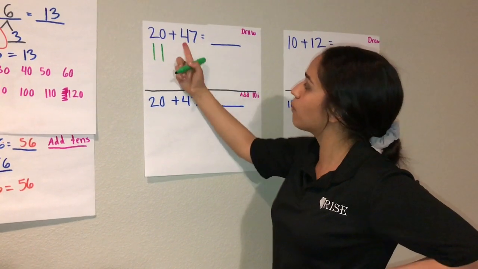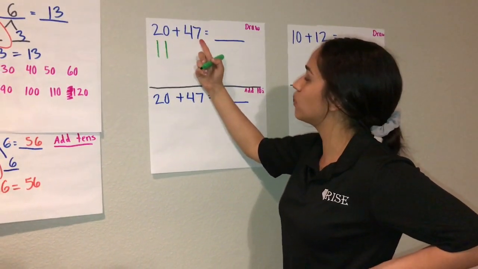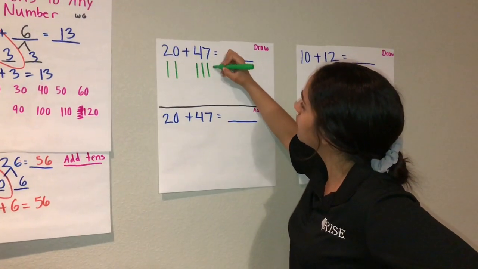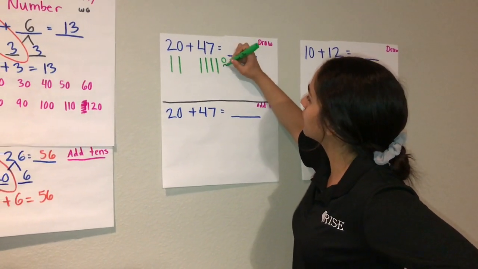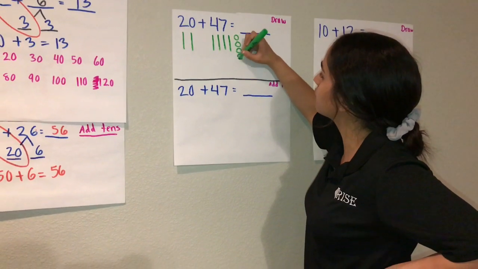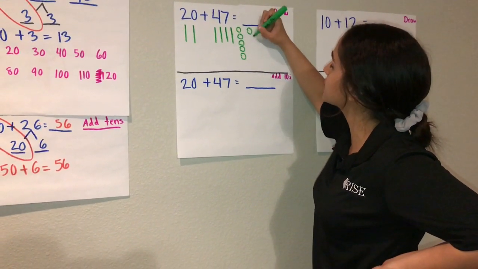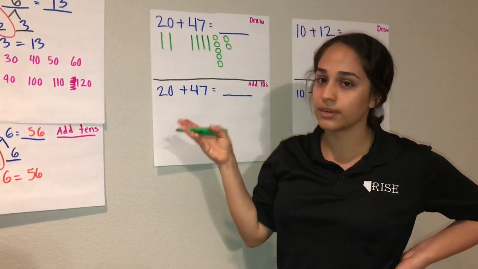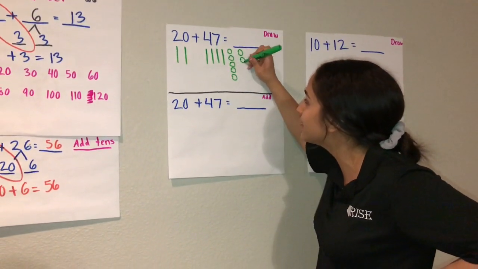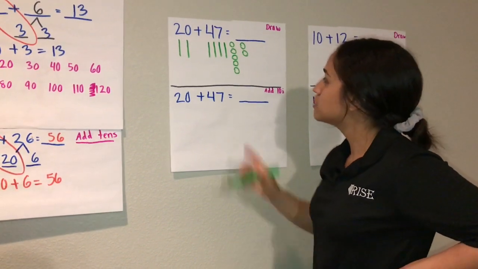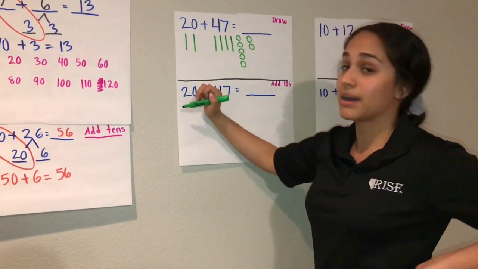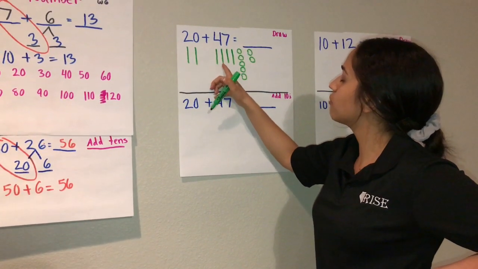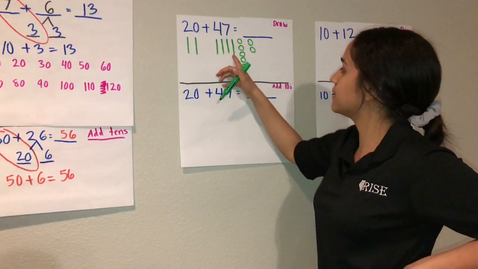I know that there's 4 tens and 7 ones, so I'm going to draw that out. 10, 20, 30, 40, 41, 42, 43, 44, 45, 46, 47. When you draw your ones, make sure they're big enough that you can see, because you can't see a tiny dot. So we're going to count those up by tens first. 10, 20, 30, 40, 50, 60.